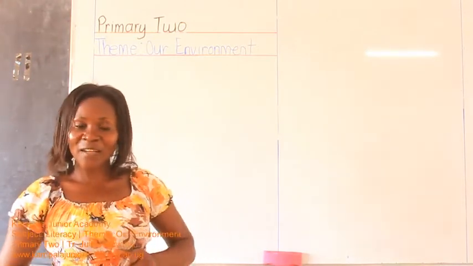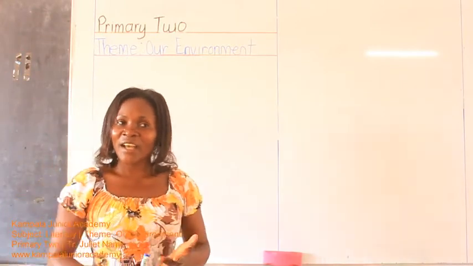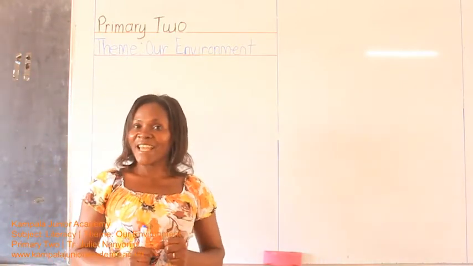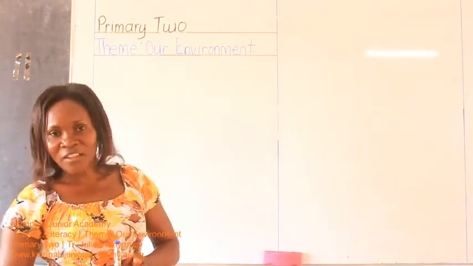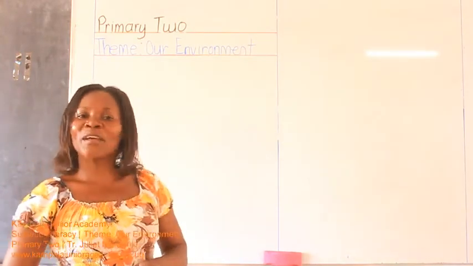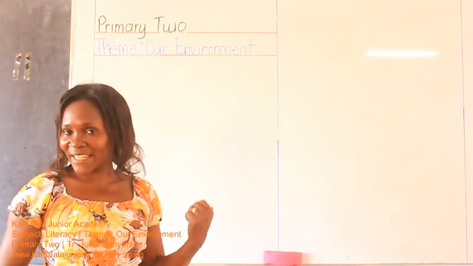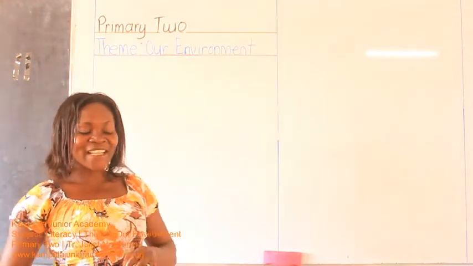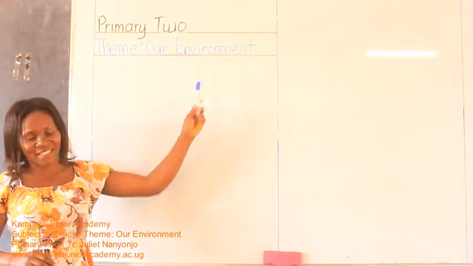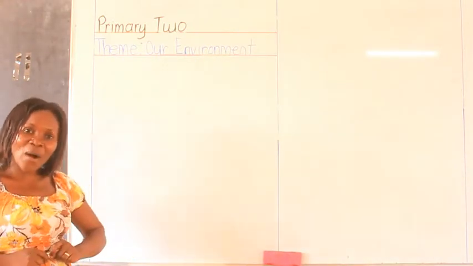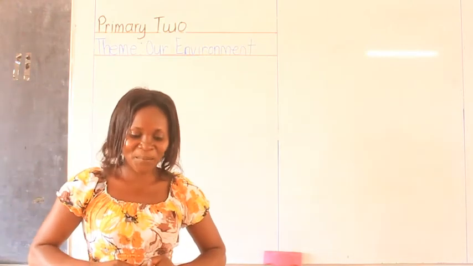Things that we eat and we get energy and we become healthy, and we keep our bodies fit. Now today we are not going to look at food just like last time. We are going to look at our environment.